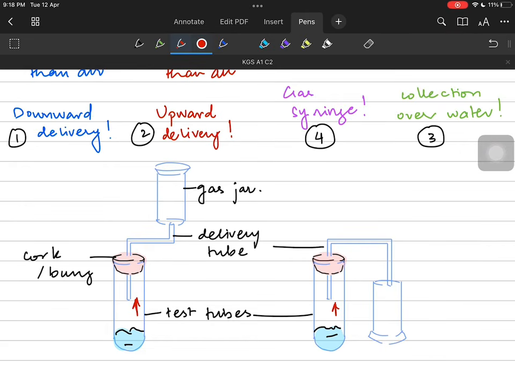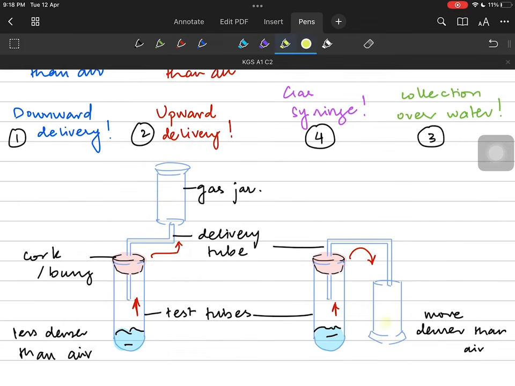And based on the relative density of the gas, by relative I mean relative density compared to the air, your gas jar is fixed in a certain way. On the left you can see the gas jar is inverted and fixed on top, which is for less dense gases. And on the right, the gas jar is straight, and it's facing downwards. So for example, gases like chlorine or HCl, they're heavier gases, so they're collected by the downward delivery method. You can see pale green gas being collected.